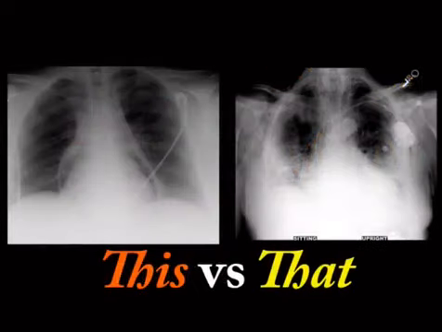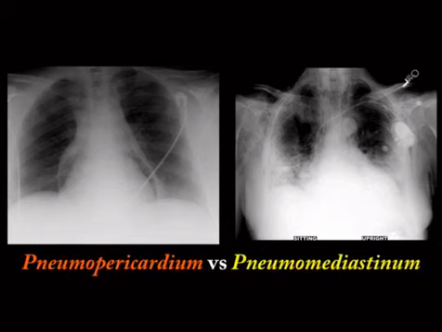So let's compare and contrast these two cases. Both of them have air around the heart, but the orange case, the air appears to be stuck sort of underneath of the great vessels. And this is pneumopericardium versus a pneumomediastinum. Now, you see pneumomediastinum a lot more often, right?